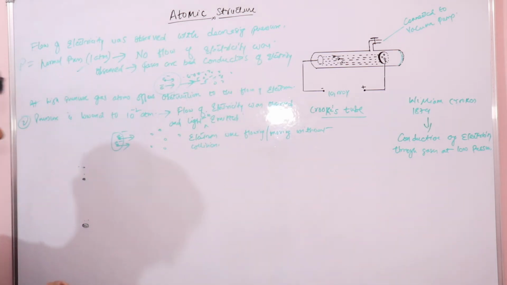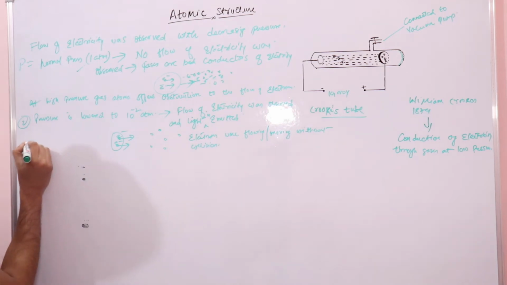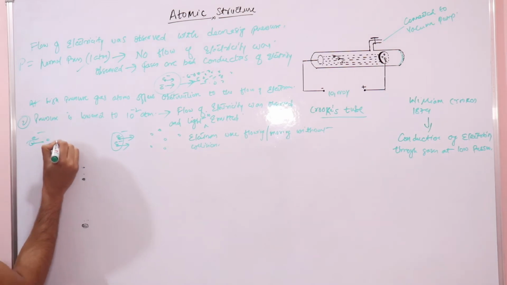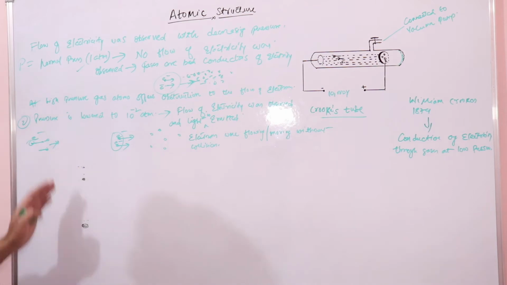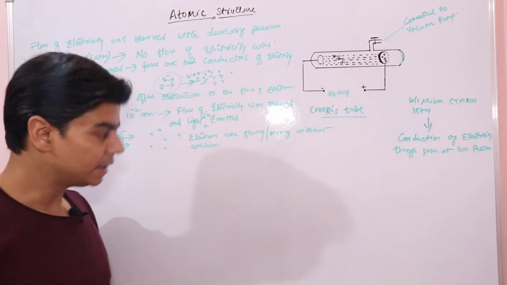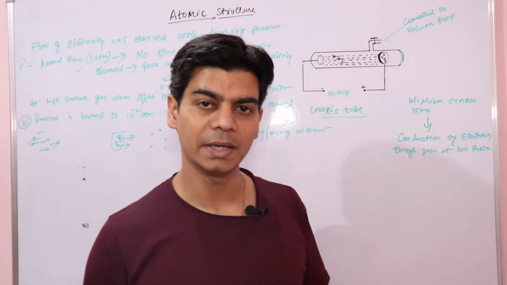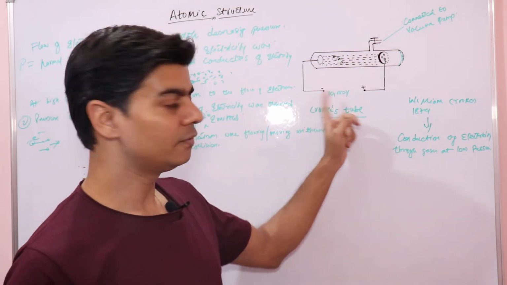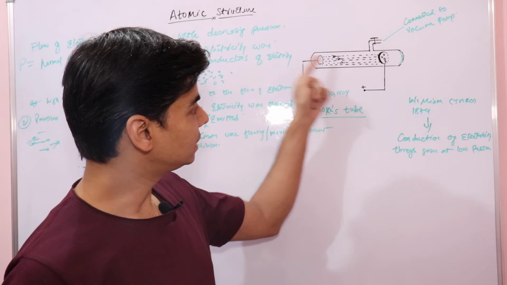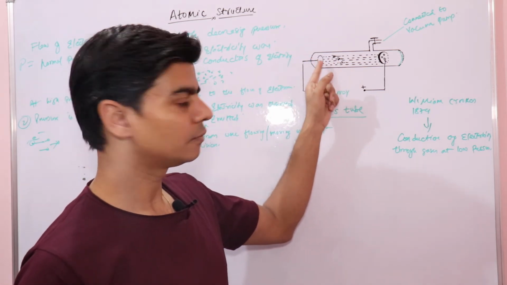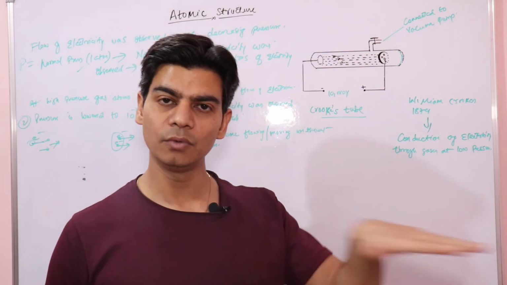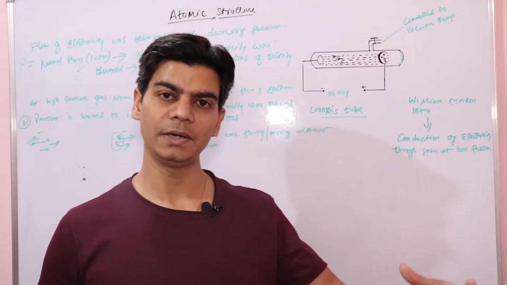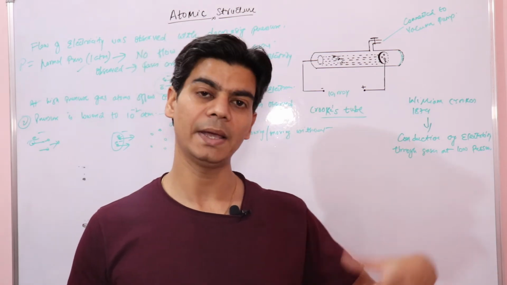Now when these electrons strike or collide with these gaseous atoms, since these electrons have high energy because we have a high voltage applied, these electrons from the cathode will move at a high speed. So these high speed moving electrons will collide with the gaseous atoms and hence will excite them.